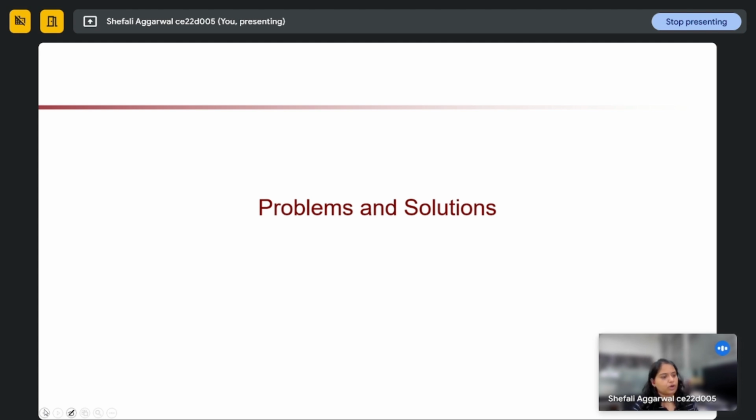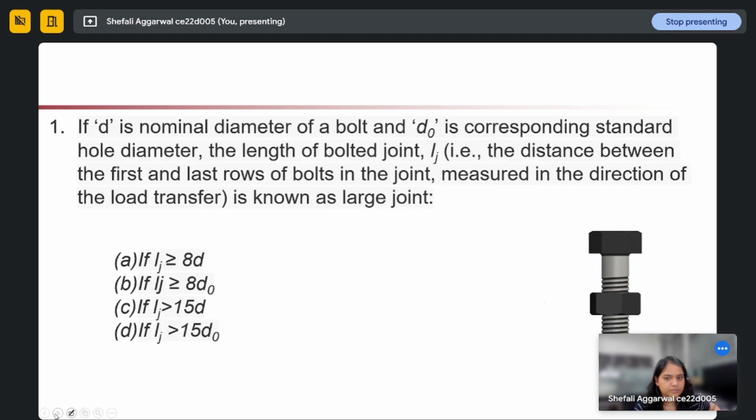So I will give you some questions to solve. You can reply with what you think is the correct answer in the chat box, or you can speak up also. First question: if d is the nominal diameter of bolt and d0 is the corresponding standard hole diameter, the length of bolted joint Lj is known as a large joint if?